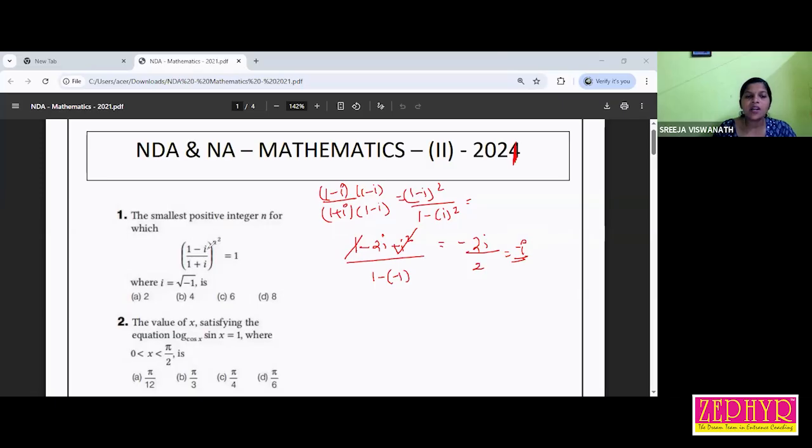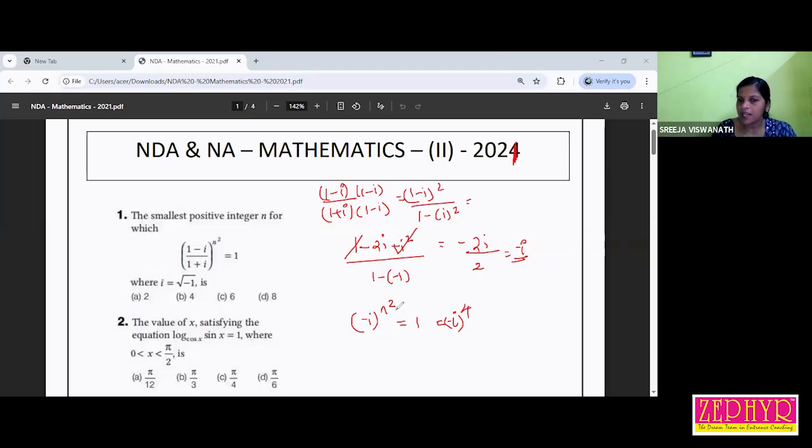Now given that the whole raised to n square, so (minus i) the whole raised to n square is 1. 1 can be written as what? 1 can be written as i raised to 4 or (minus i) raised to 4. i raised to 4 is 1 and (minus i) the whole raised to 4 is also 1.